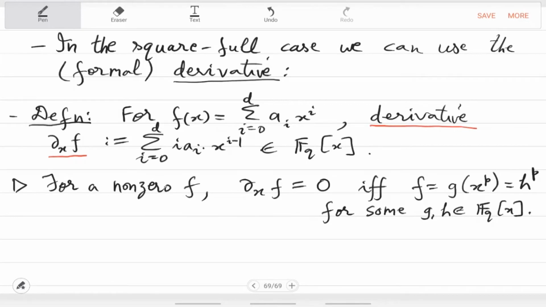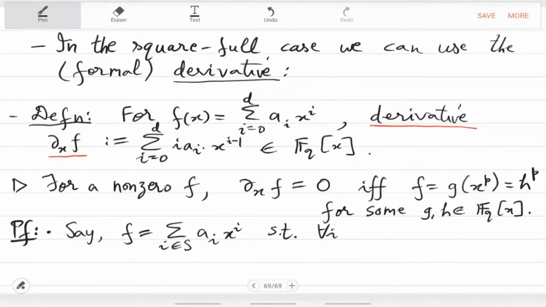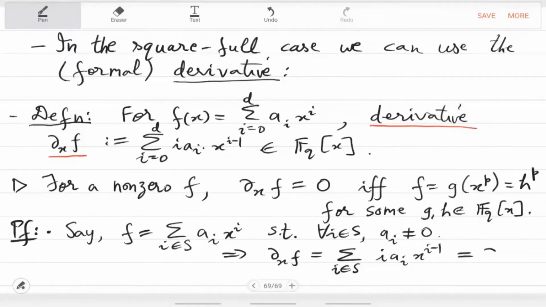So let's do that. Let us say the support is S. None of these a_i are 0 to begin with, but when you differentiate, what you will get is the sum of i a_i x to the i minus 1, and suppose this is 0.